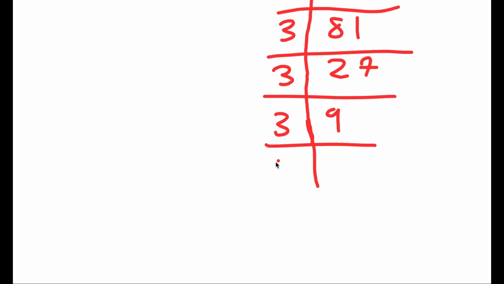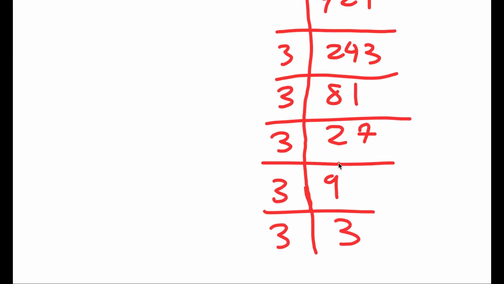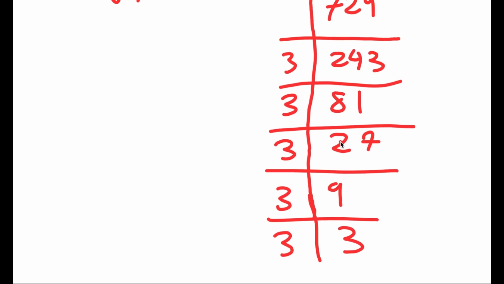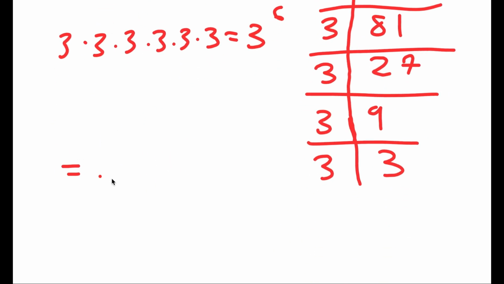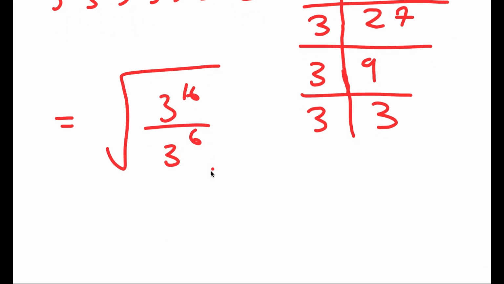And 9 is the same thing as 3 times 3. So I have 3 multiplied by itself 6 times, which is equal to 3 to the power of 6. So now I have the square root of 3 to the power of 16 over 3 to the power of 6.